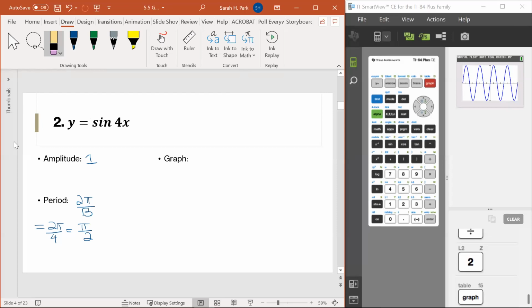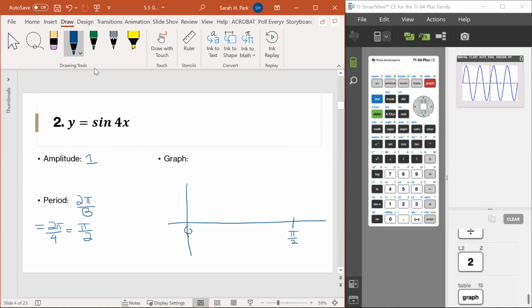Okay, so what we need to do is find the x values. We're going to take the whole period and divide it into parts. I know that we want to start at 0 on the graph, and I know the full period is going to be pi over 2.